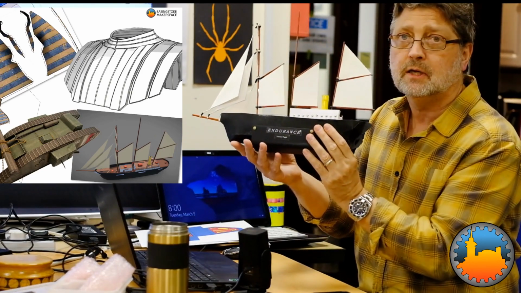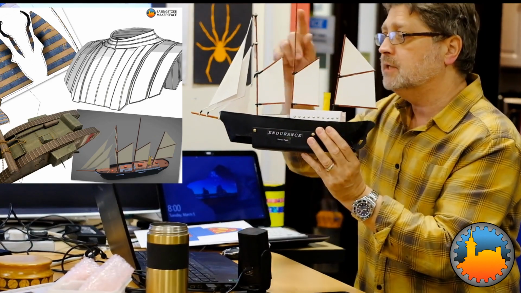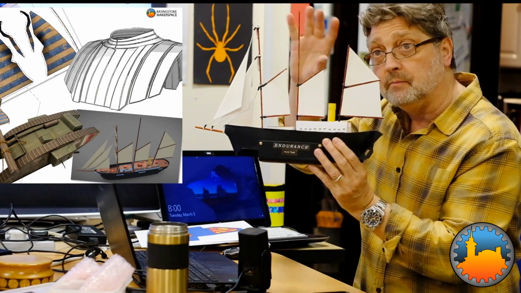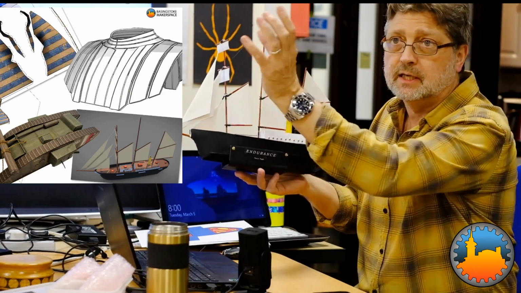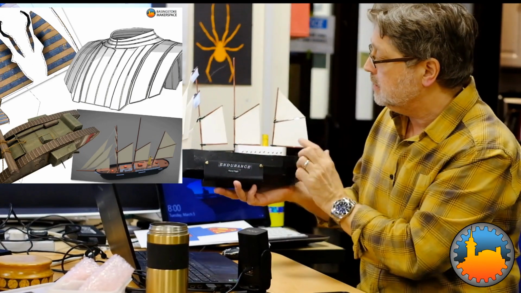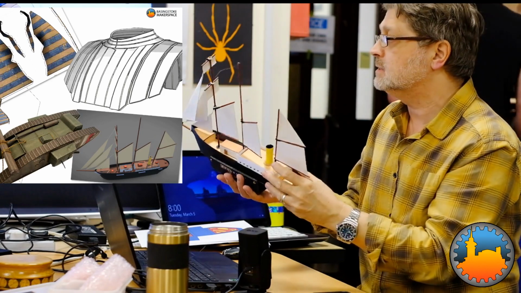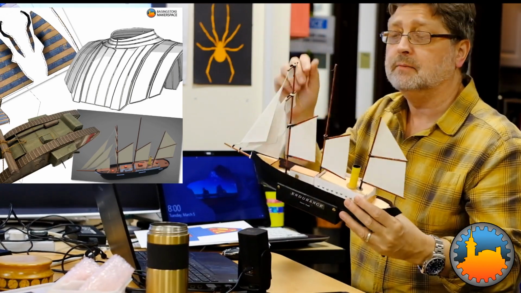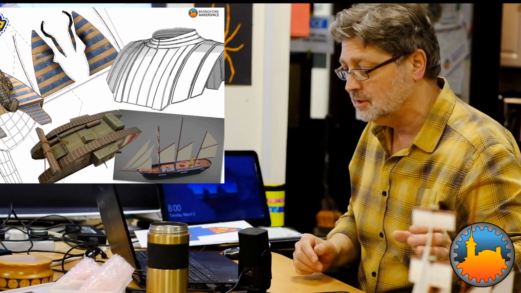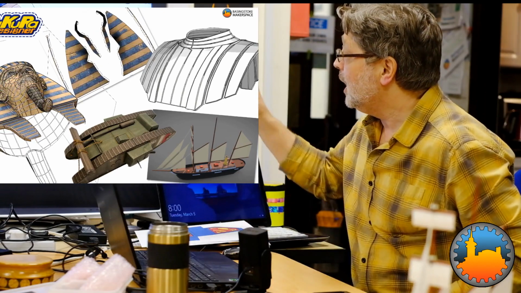So the hull is a 3D model, but the rest of it I had to use a different source of modelling. So I had to take an image and then trace around it and then create the thing. And again, that was for a project that my son had to do, and I got involved in.